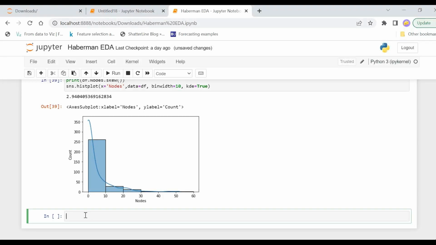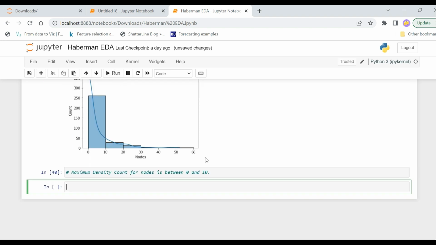So here I can get one very important insight: the density count for nodes is between 0 and 10. This is very much important. So this is what we can take out from the univariate analysis here.